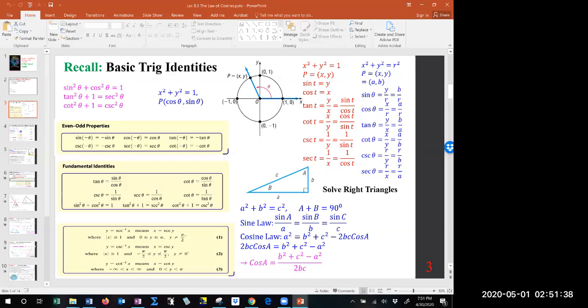Now I have the sine law here, and I've also added the cosine law. The cosine law says a squared equals b squared plus c squared minus 2bc cosine A. And if you solve for cosine A, you can find b squared plus c squared minus a squared over 2bc. You really don't have to memorize that. The first one is good enough.